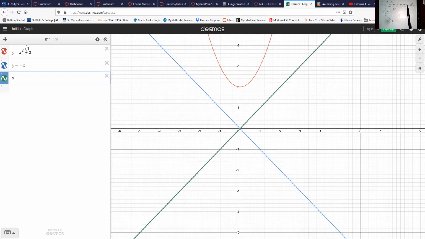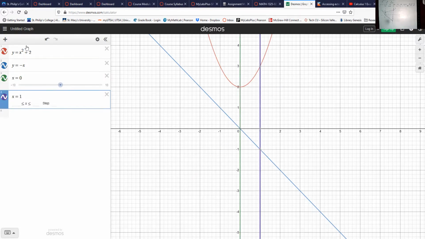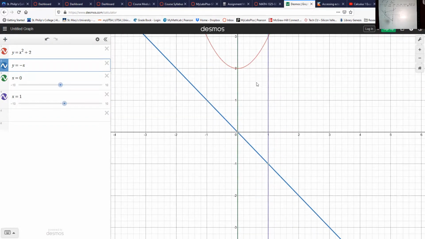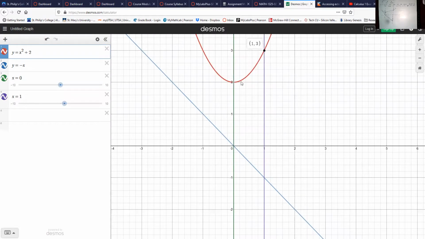Sorry, x equals 0. x equals 1. So you see how we have x equals 1 for the purple line. The green line is right here. So we have this parabola up here and a line down there. We care about this section, so I'm going to put these little points there. So here's the region.